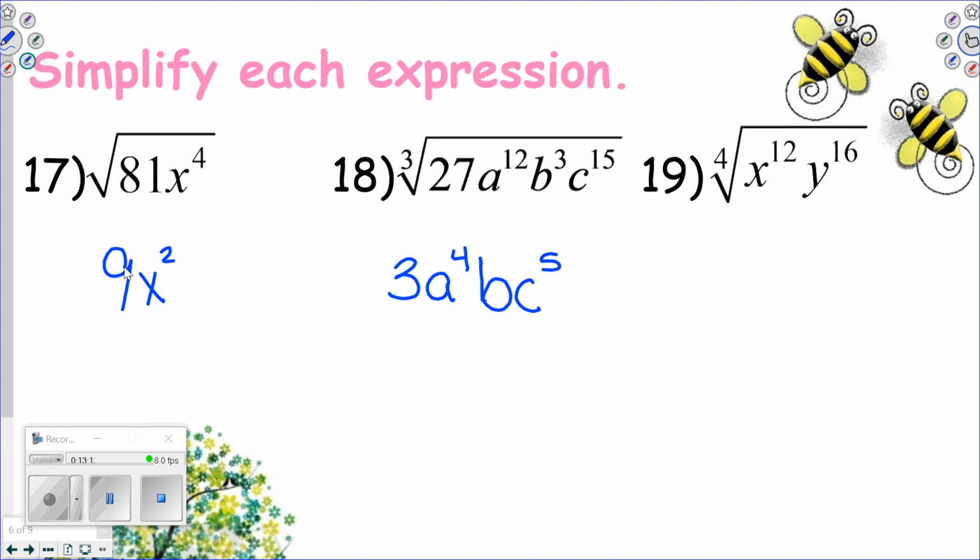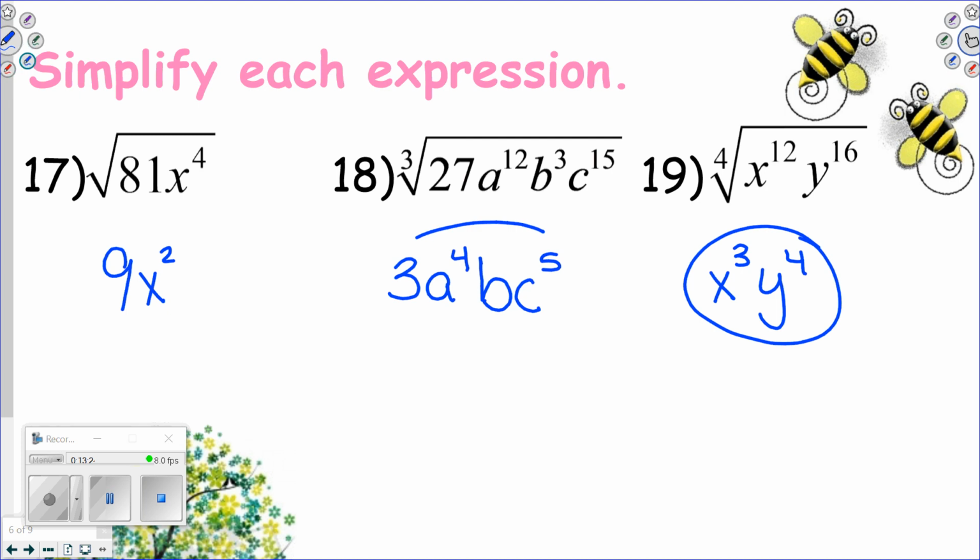We're not doing squares, we're doing cubes. I know you don't always recognize those as much. And 4th root of x to the 12th and y to the 4th. You could just in your calculator type in the cubed root of 27, or you could do a factor tree on it if you don't like the buttons on the calculator. Got it?